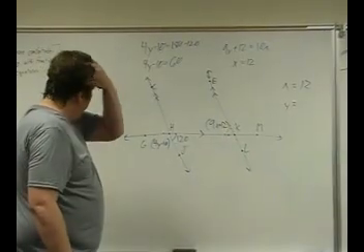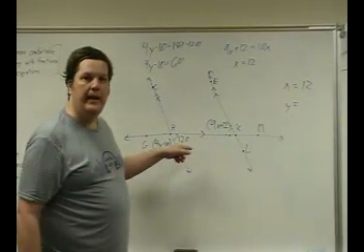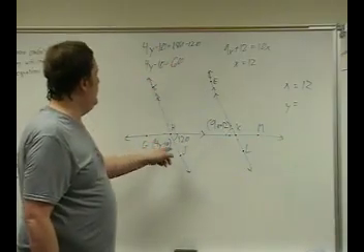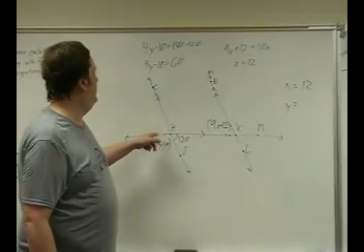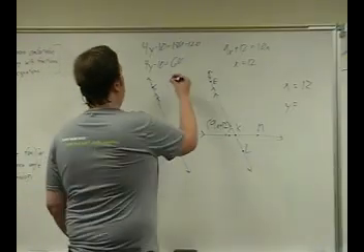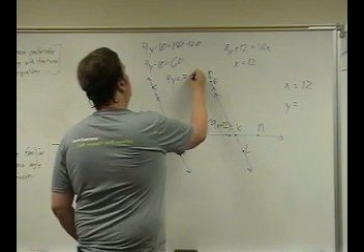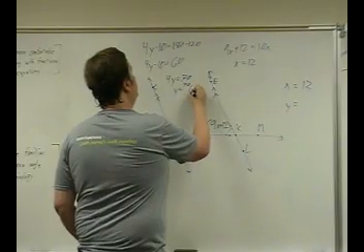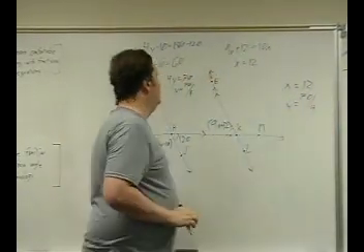Because I know that this angle and this angle added together equal 180, I'm going to take 120 from 180, and that means this angle measurement is going to be, it doesn't look like it, but it's going to be equal to 60. So now that means 4y equals 70, and I am not doing the math on that. And there you go.